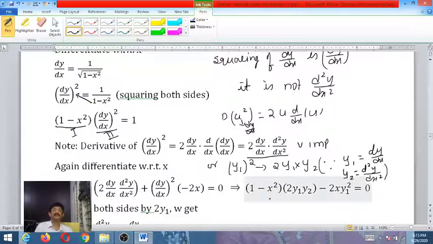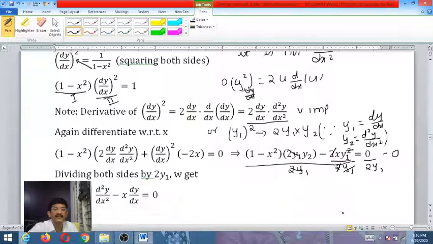Remember it, okay? So if you divide this entire thing by 2 into y1, what happens? Here the first term, 2y1 and 2y1 cancel, isn't it? So if you divide by 2y1, 2 cancels, one of the y1 gets cancelled. So 0 by 2y1 is nothing but 0.